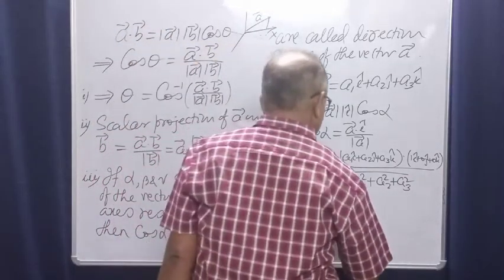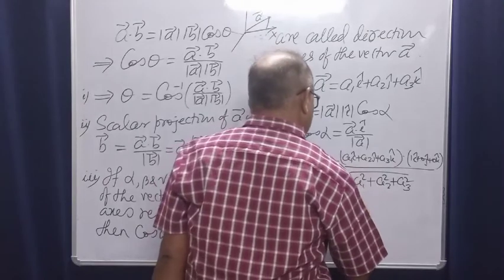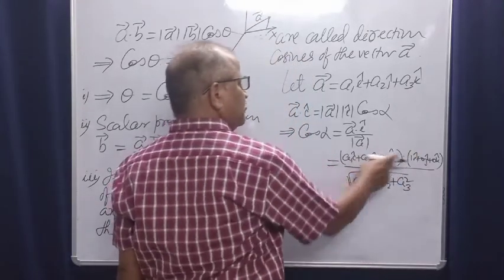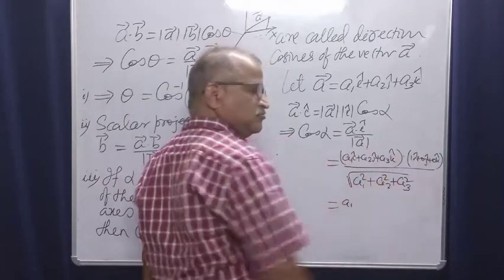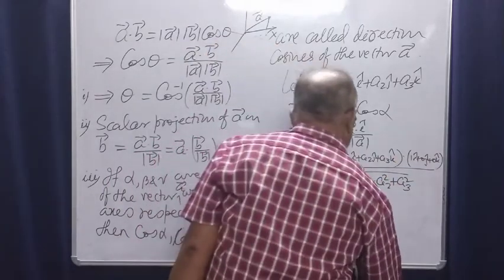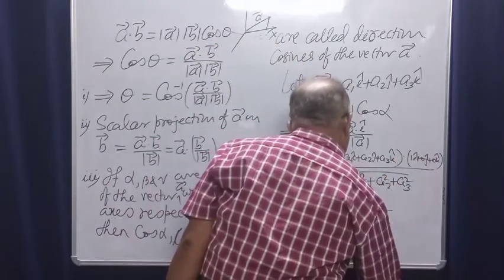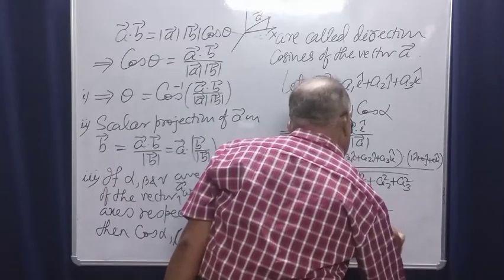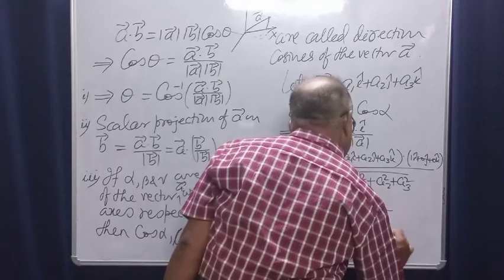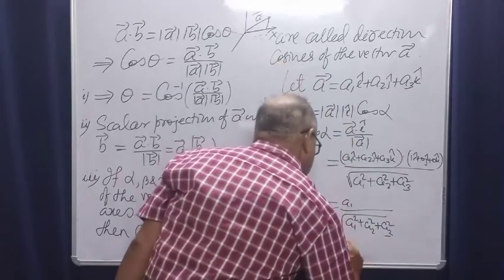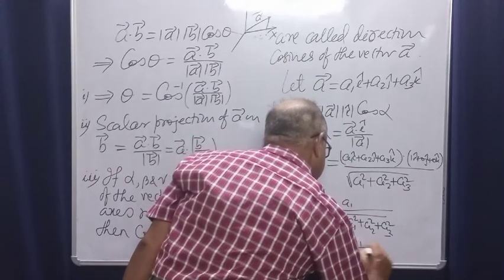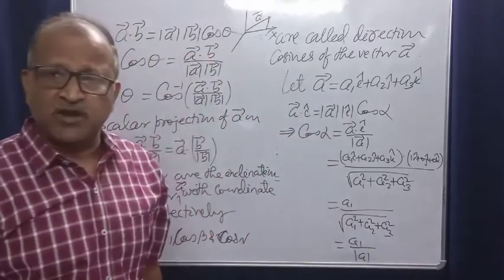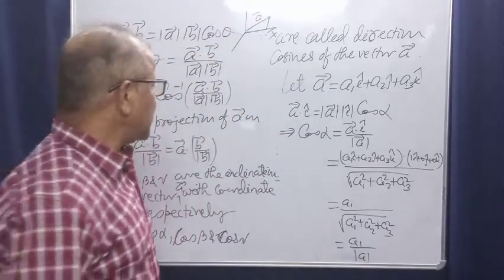So it is simply a1 by magnitude of a. This is the formula to find cos alpha.